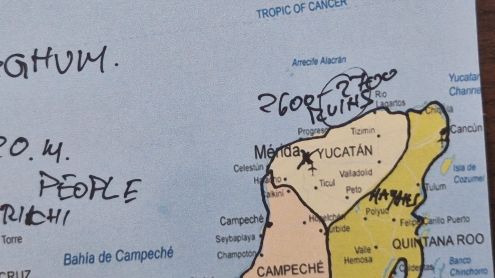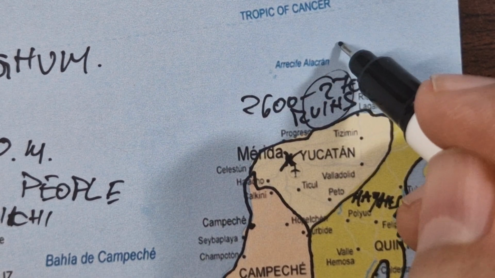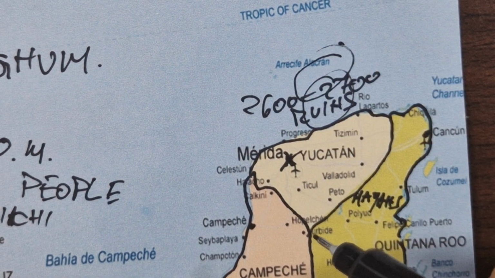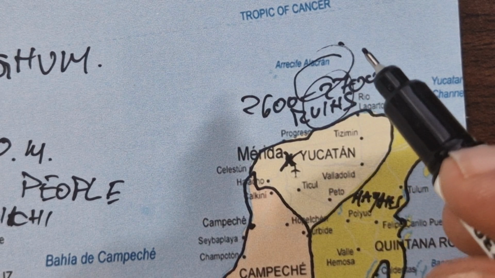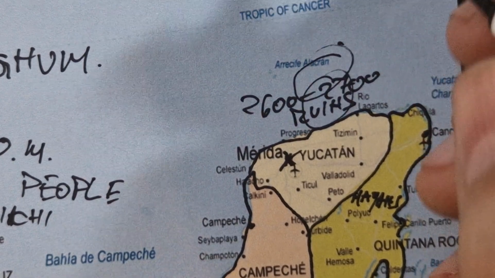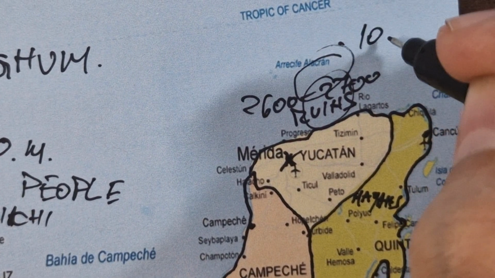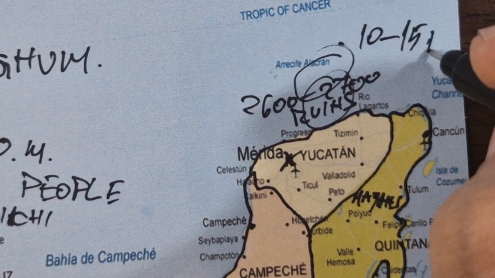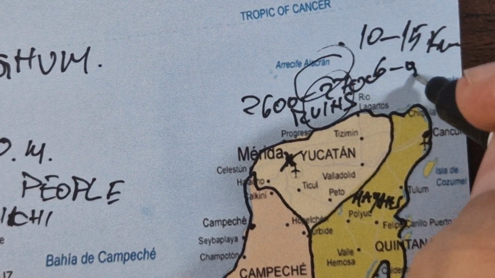Yucatan has approximately 2,600 freshwater pools called cenotes. And in this area, the Chicxulub crater is the product of an asteroid impact more than 66 million years ago and has a diameter of 10 to 15 kilometers, or 6 to 9 miles.